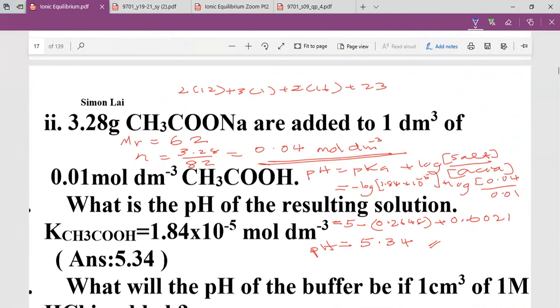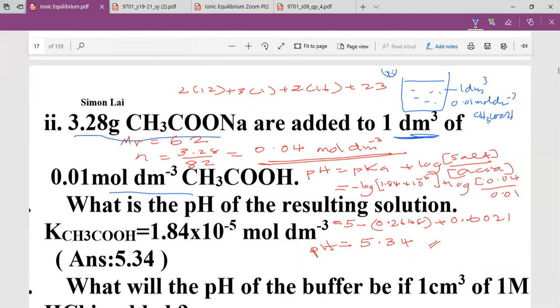So I have here a buffer made of 1 dm cube of 0.01 mole per dm cube of my weak acid, ethanoic acid. Now I have here my salt, 3.28 grams of sodium ethanoate.